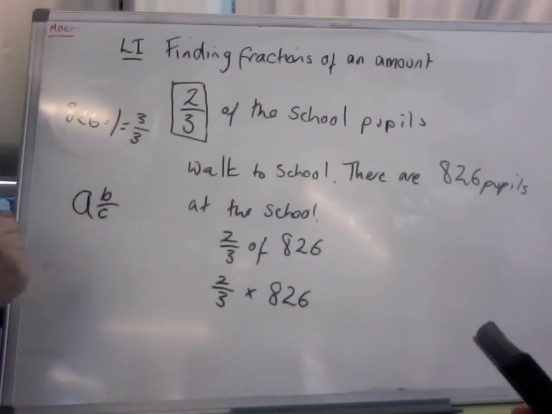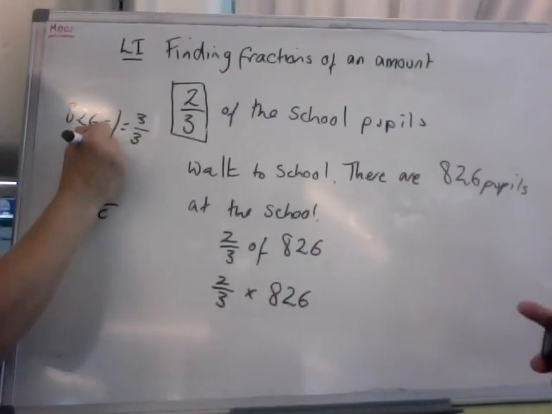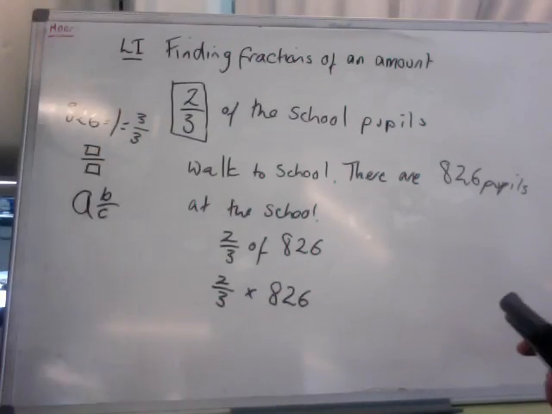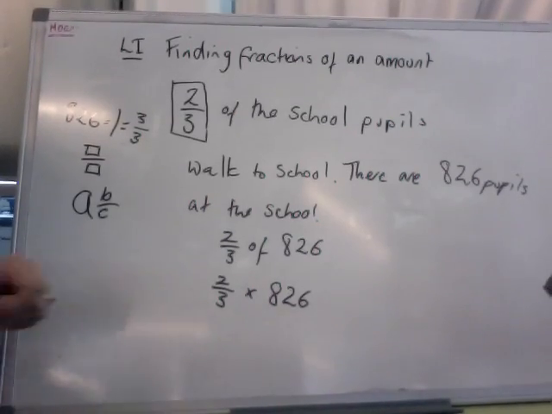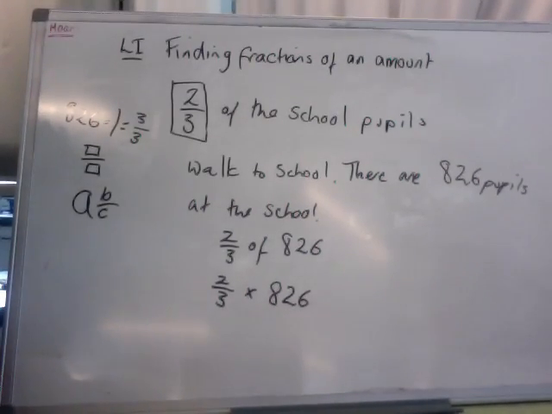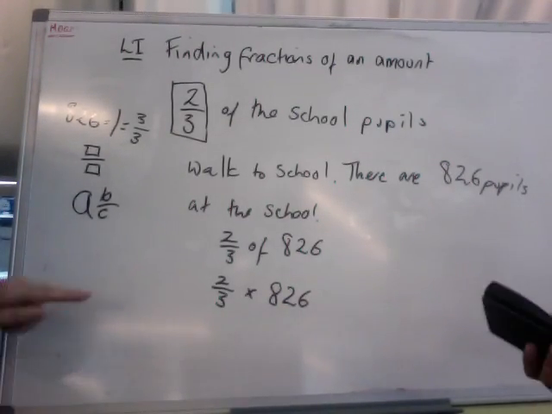Some of you might have other calculators with a little box, same sort of thing. So we want to put 2/3 into our calculator as a fraction. We're using the ABC button. Go on then, Caitlin. 2 ABC 3.